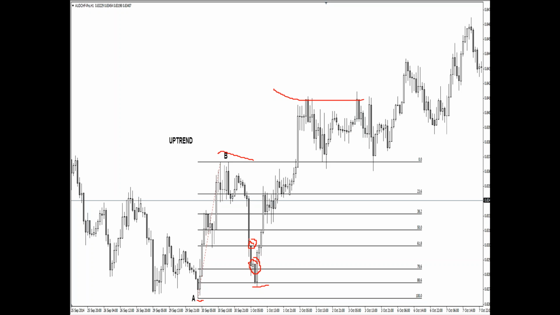Not that big compared to this one. And I don't take mini swings now, because when you're doing analysis on 1 hour and 4 hour, you want to take major swings into account. This is not correct swing. This was just a part of this major swing, because you need to find ultimate support.